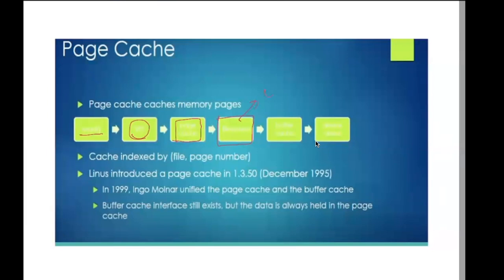This file system can be different, like ext4 or fat32, and then it will search in the buffer cache, and then it will tell the device driver to do some operation on a device, disk or block device. So this is the organization of how the flow goes from user space to kernel space and finally to the device.